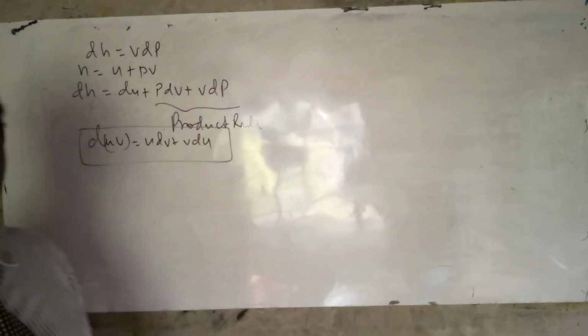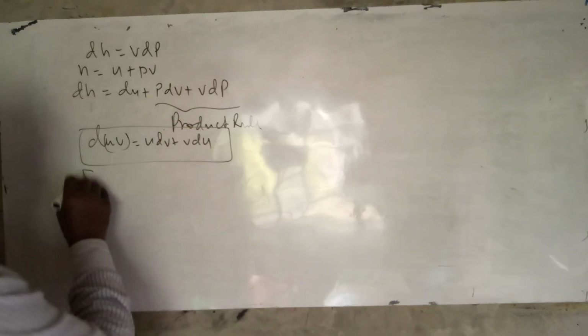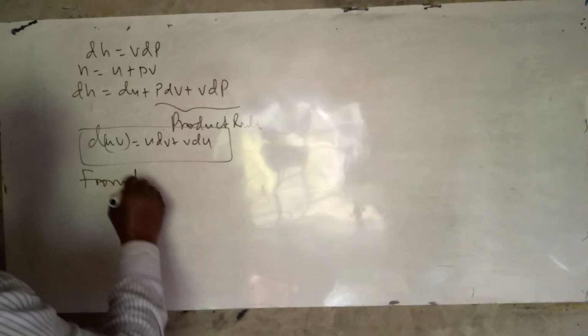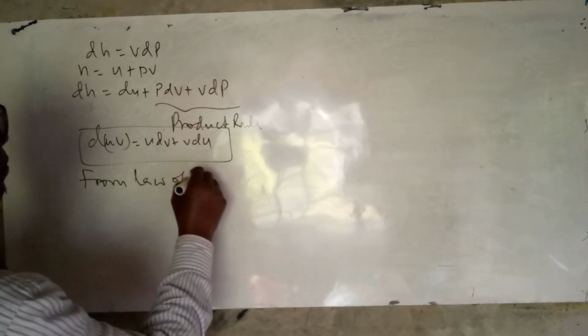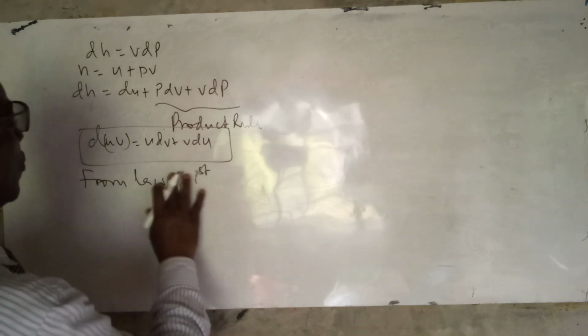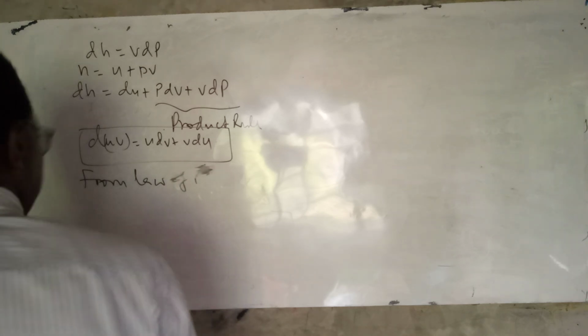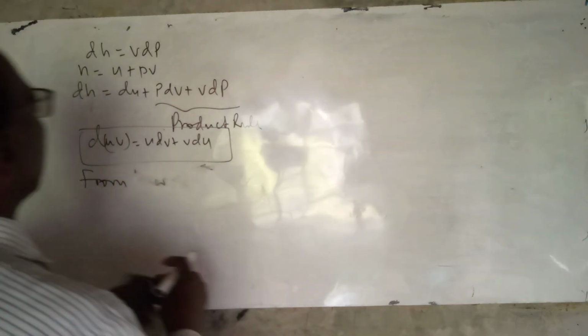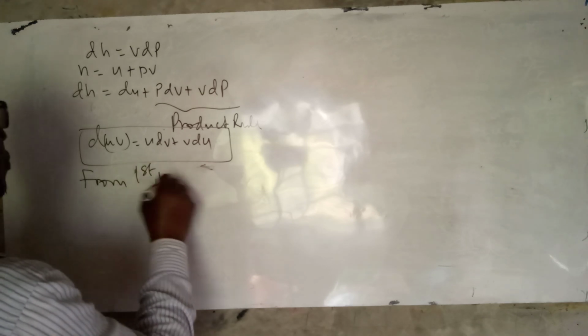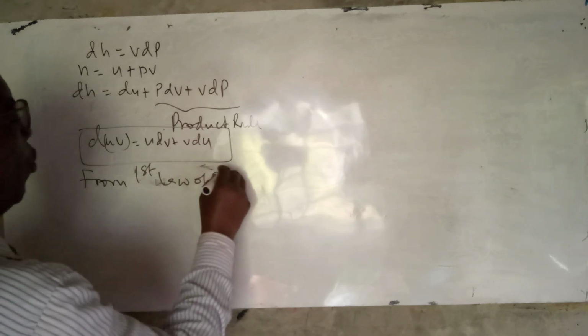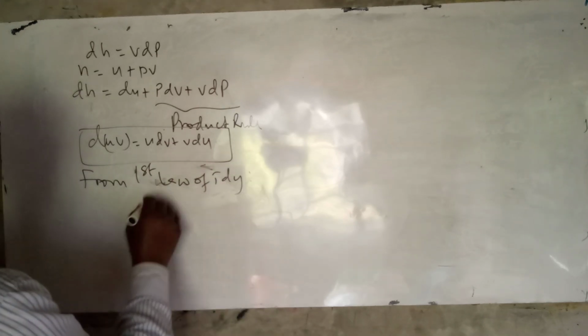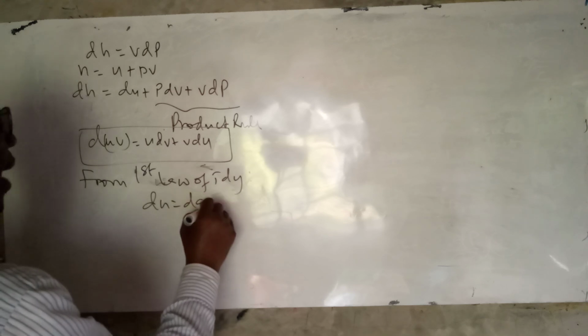And from the first law of thermodynamics, we know that dU is equal to dq plus dw.